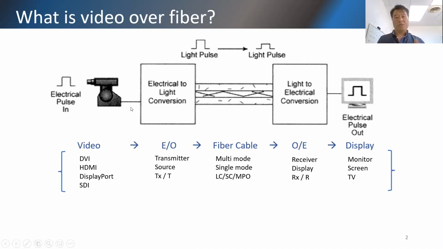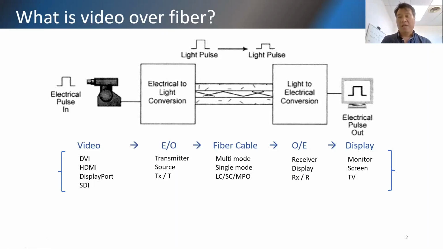Once the video gets converted into light and propagates through the optical fiber, on the other side you need to convert it back to an electrical signal. That will be an OE converter, so we have a detector with associated circuitry. Again, we can call it a receiver, or sometimes a display, because it's on the display side.